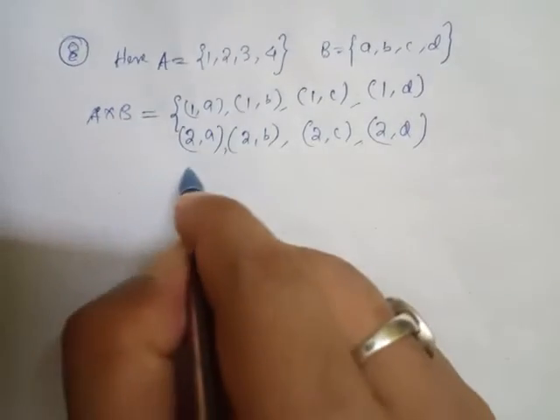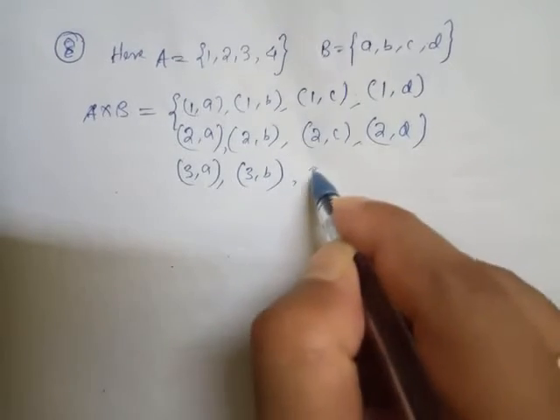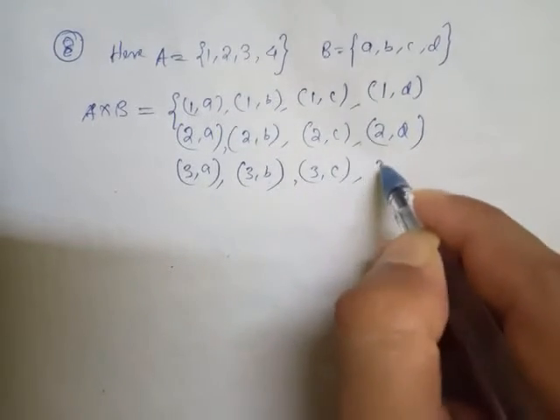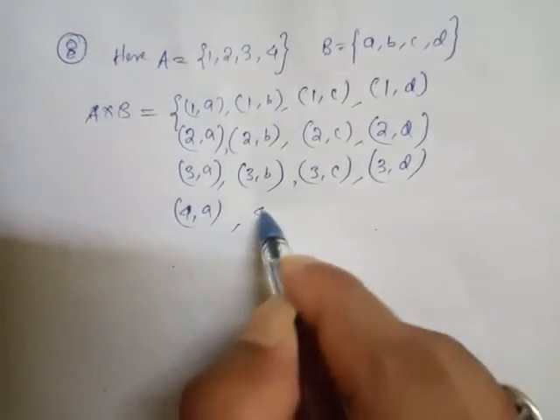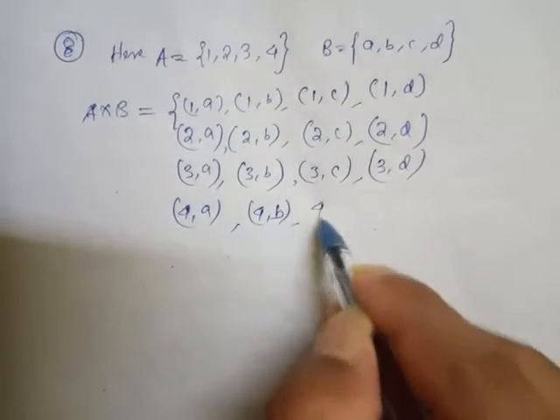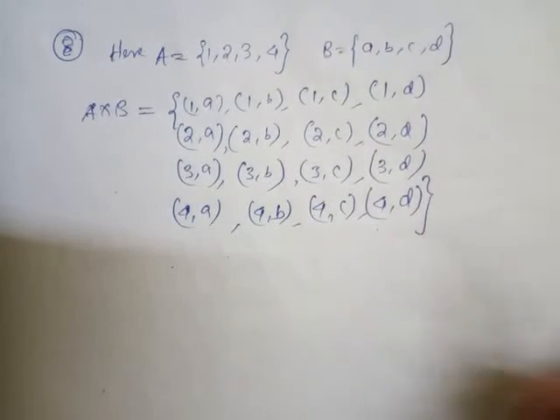Third one: 3 comma a, 3 comma b, 3 comma c and 3 comma d. Now the fourth one is 4 comma a, 4 comma b, 4 comma c and 4 comma d. This is A product B only.